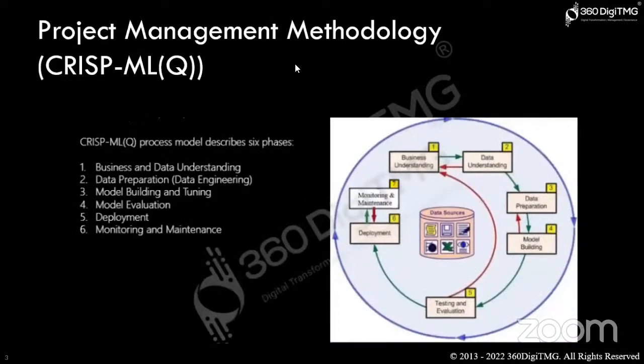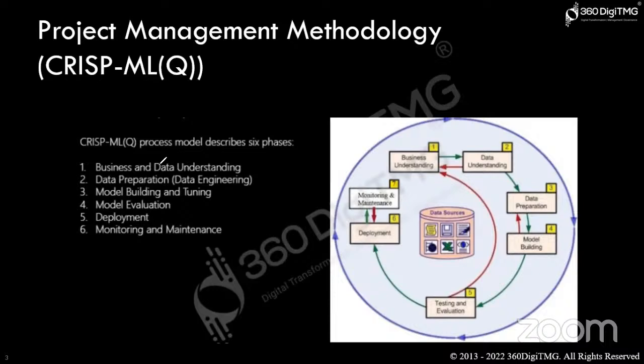Like we discussed, the CRISP-ML methodology could apply to any domain. These are the 6 phases that we will be applying in a data science project. First, we'll have business understanding. Right after getting the data set, you go through what exactly the main target and objective are, and what the constraints of the project could be.